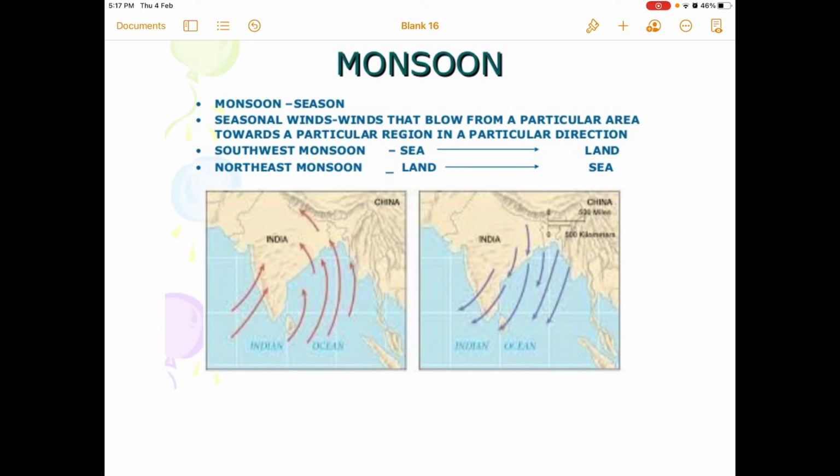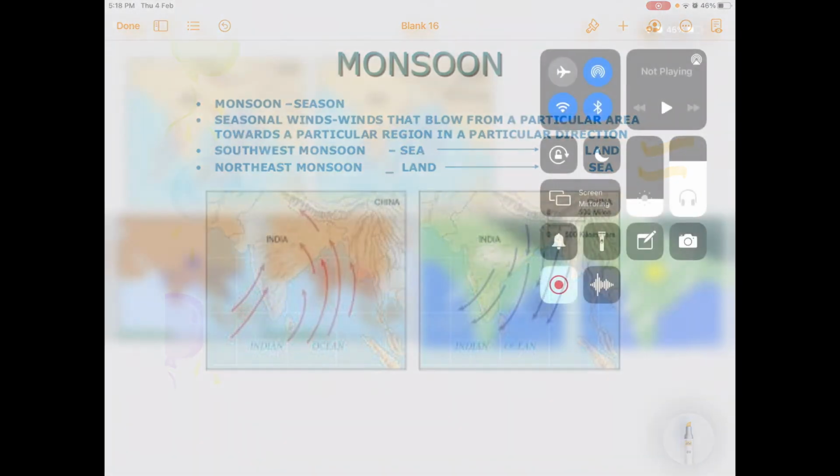So, that means these are the seasonal winds that blow from a particular area towards a particular region in a particular direction, like the southwest monsoon winds blow from sea to land and the northeast monsoon winds move from land towards the sea, and they develop because of difference in heating conditions of the continents and the oceans, and they are divided into two wind systems, the summer monsoon and the winter monsoon.